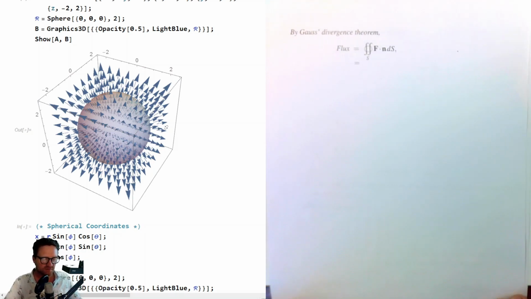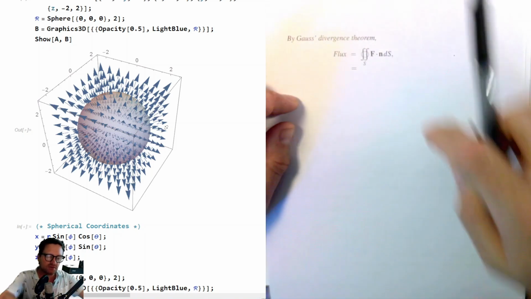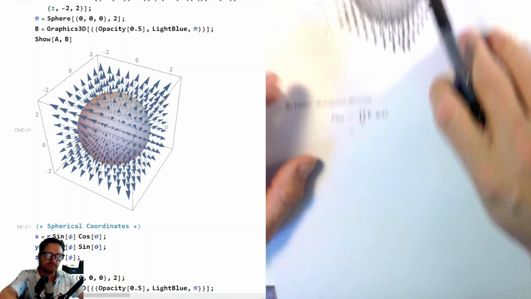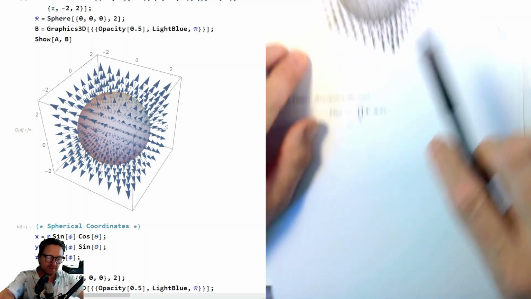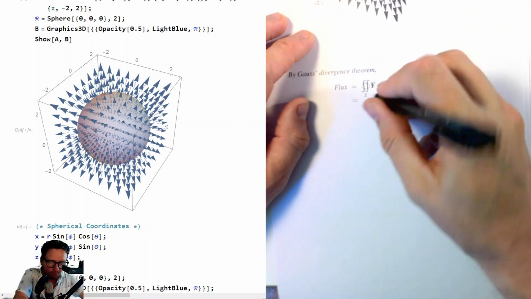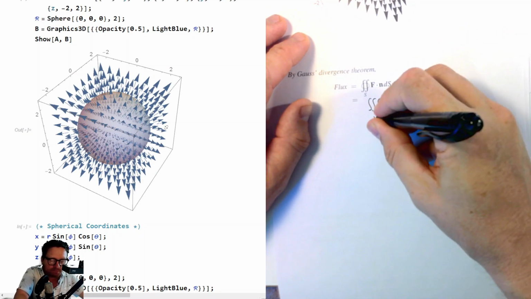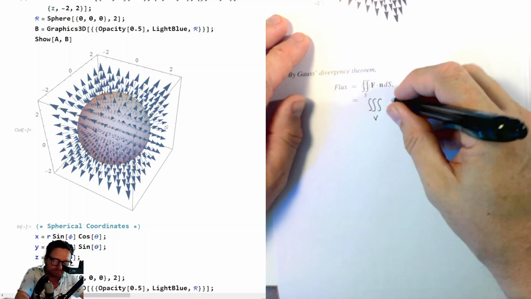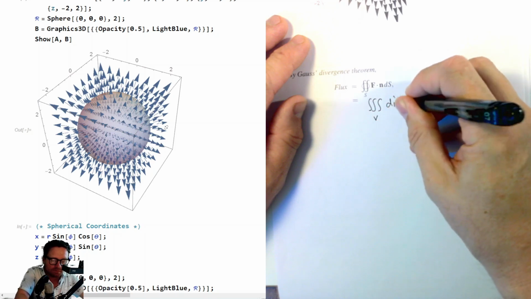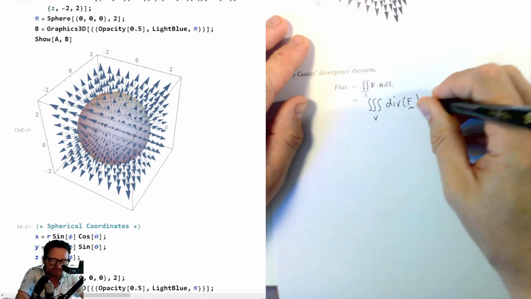So by Gauss's divergence theorem, we can trade this integral over that ball in for a triple integral over V of div f dV.